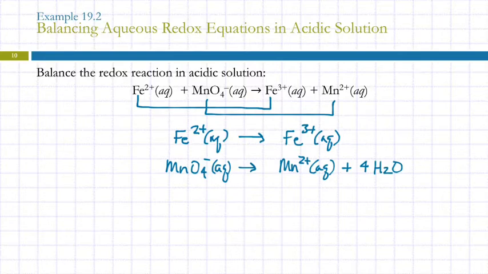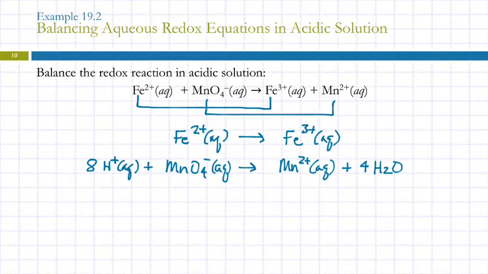So I'm going to add H+ over here. How many do I need? 8. I need 8 because each water molecule had 2, right? So 8 hydrogens. So now I've got the correct number of atoms on each side.